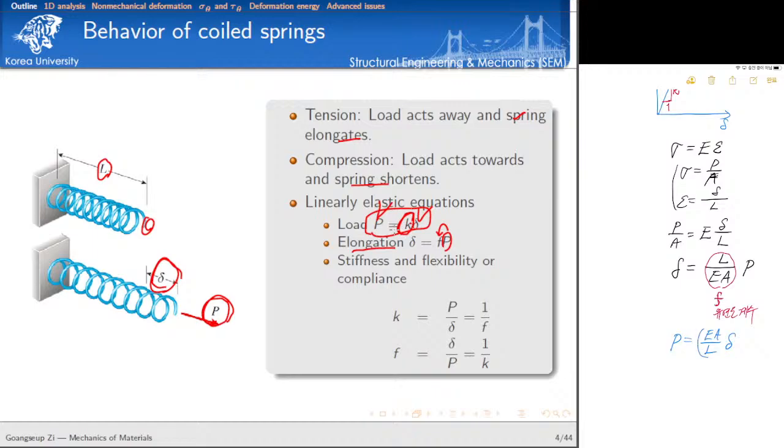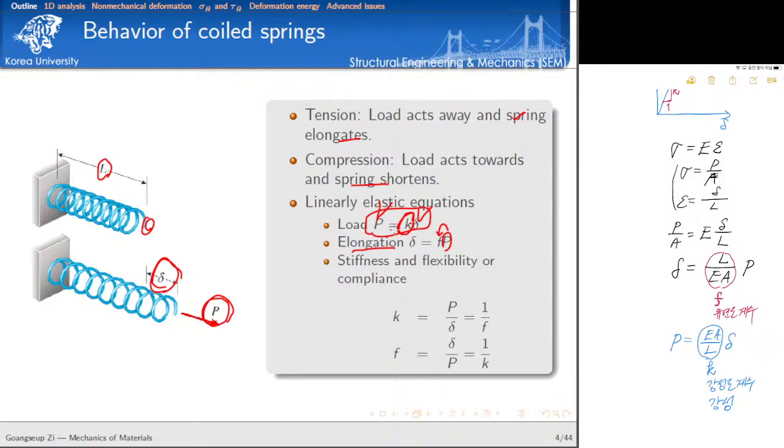Here the stiffness, K. The stiffness in 우리말, 강성도 계수. Or simply we call just 강성.